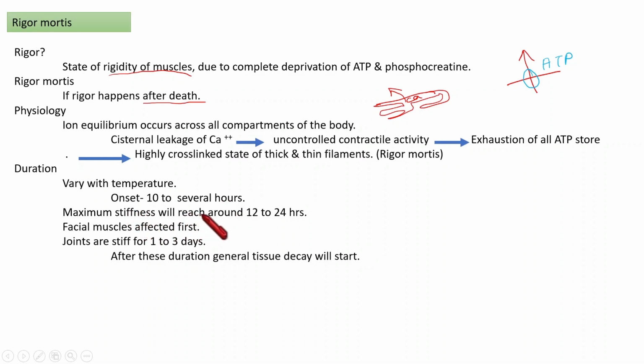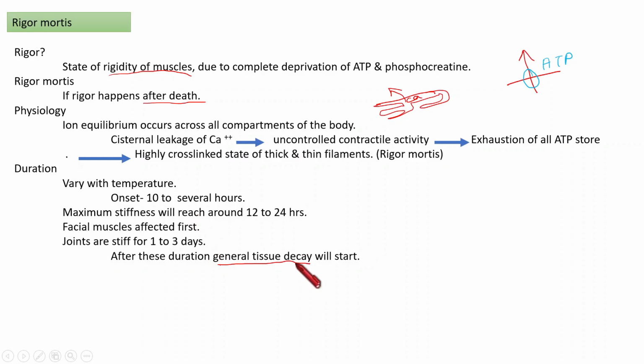Maximum stiffness will be reached around 12 to 24 hours. First, our facial muscles get affected. After that, it spreads to the remaining parts of our body. Regarding the joints, they can remain stiff for 1 to 3 days. And after all this duration, general tissue decay will start.